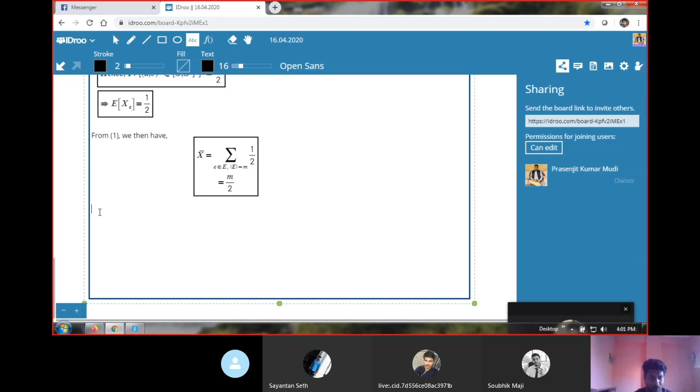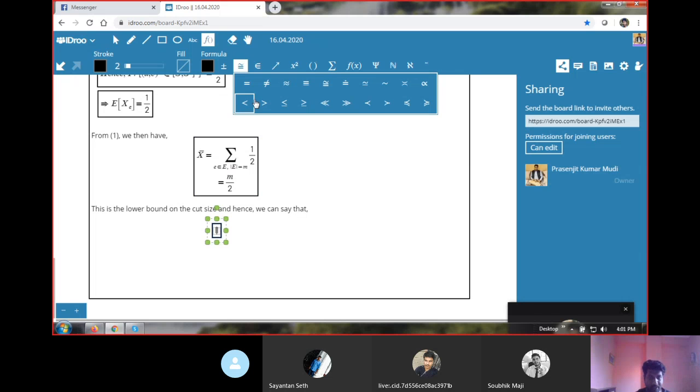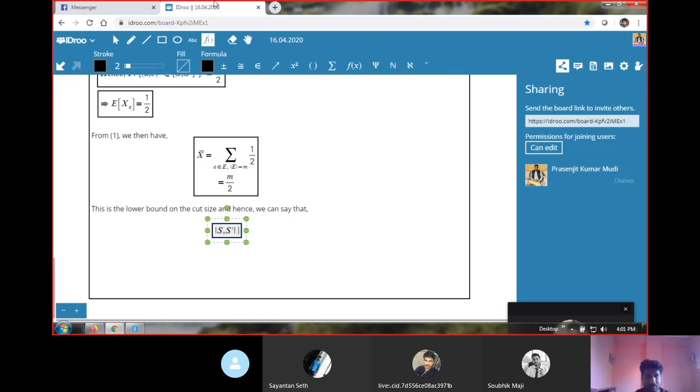Okay, so hence we can say that cardinality of S, S bar is greater than or equal to m by 2.